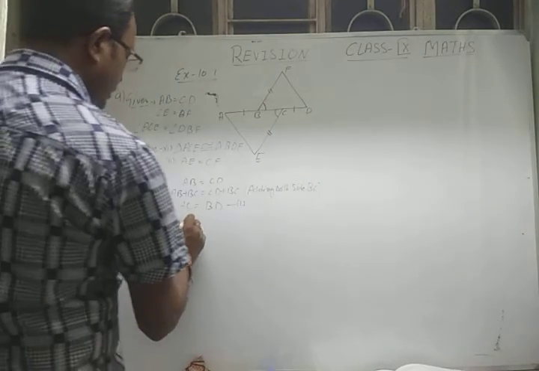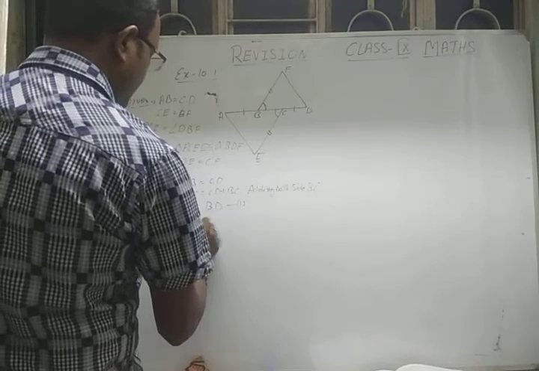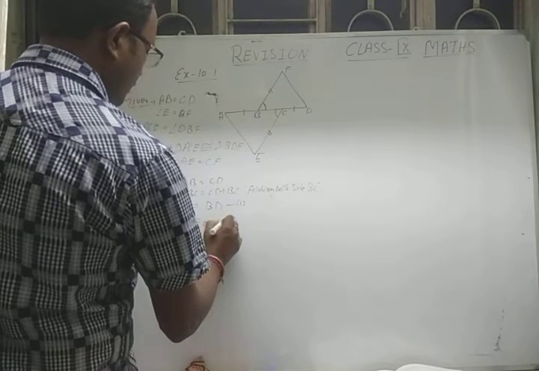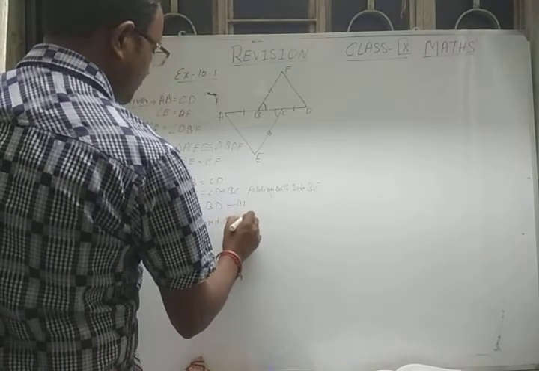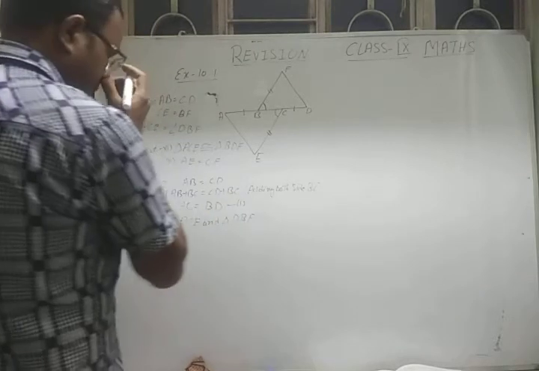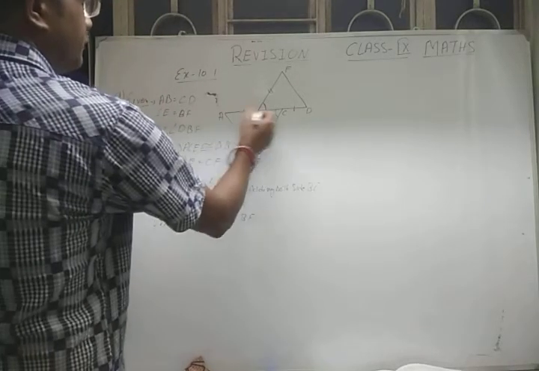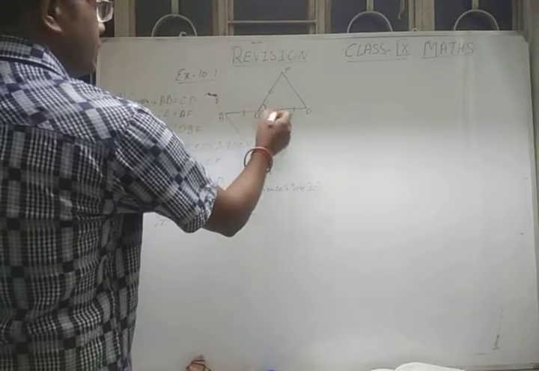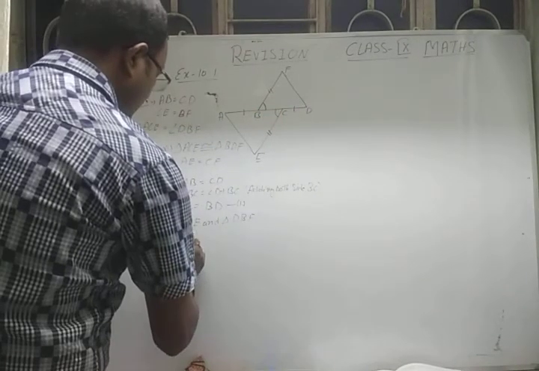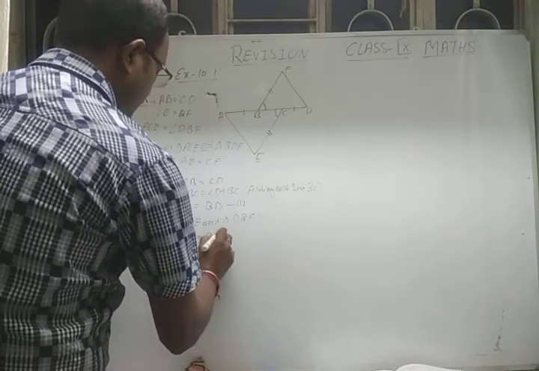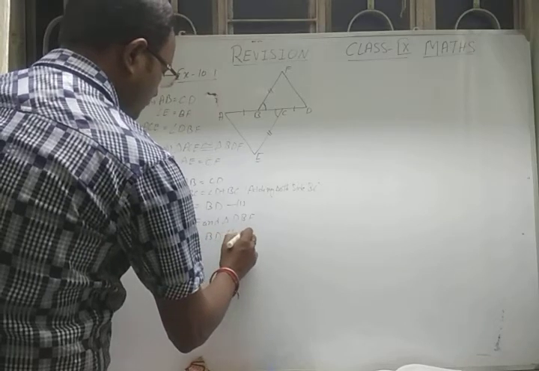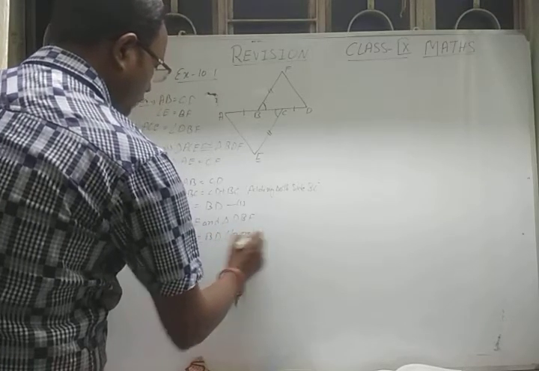Now consider the triangles. In triangle ACE and triangle DBF, first of all, we have already found that AC is equal to BD. So you write AC is equal to BD, and you write here from 1.